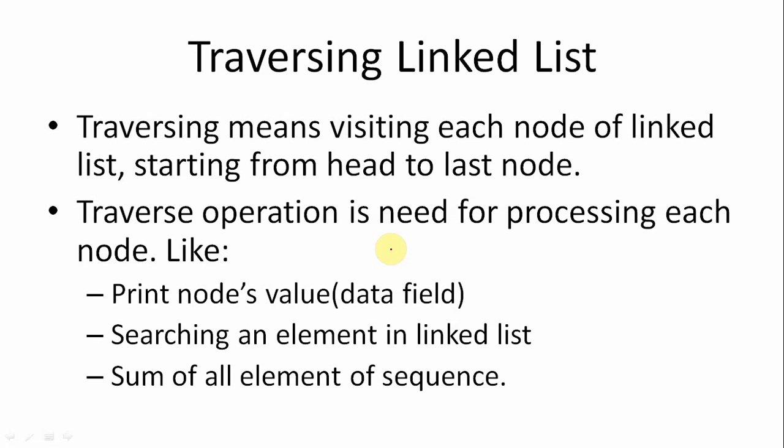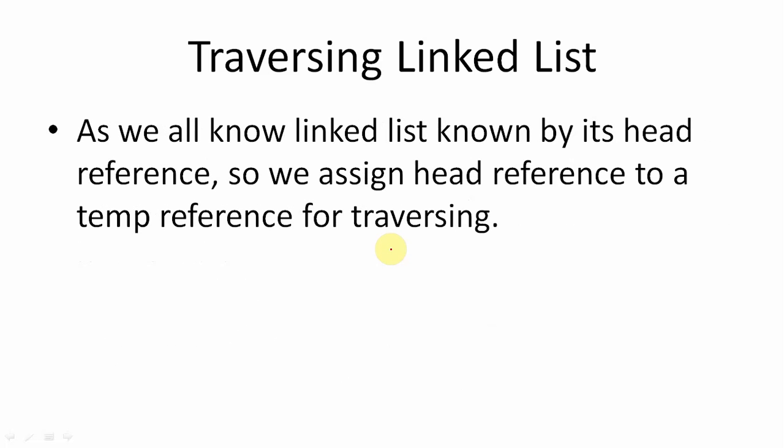If the head is corrupted, then we will not be able to locate all the nodes of the linked list which are not deleted from the list. So we have to keep track of the head and we do not let traversing happen by head. We will always keep a temporary reference.